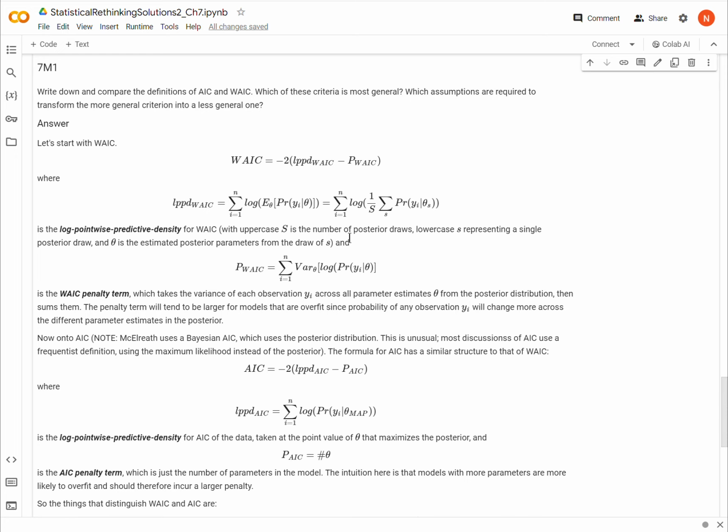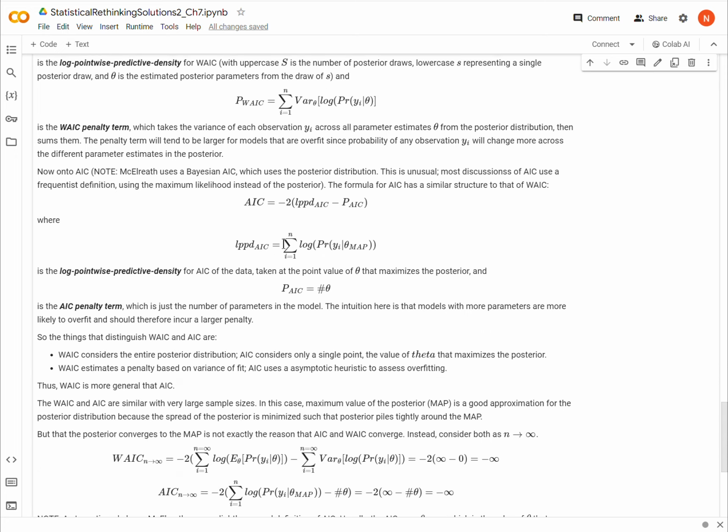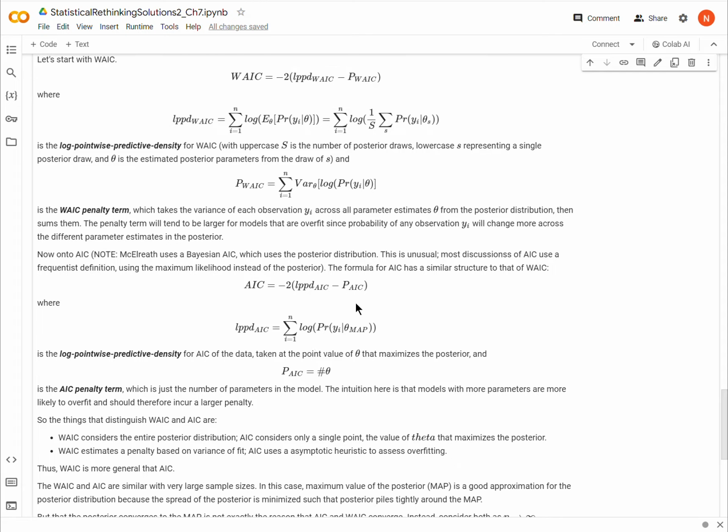Okay, now on to AIC. So AIC is a little bit simpler, but again, we have the LPPD, and the LPPD for AIC is slightly different. Instead of drawing over all values of the posterior distribution, now we are just taking the point value that maximizes the posterior distribution. That's called the MAP value, or the maximum a posteriori.